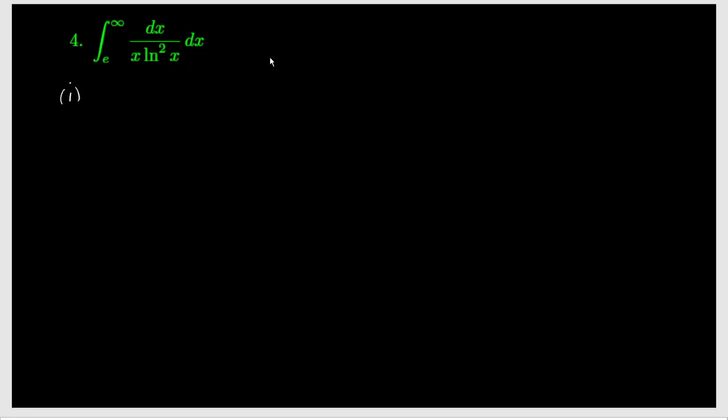So the first thing we do is to evaluate the integral from e to t. Still, you have to take t value a number greater than e. We evaluate the integral from e to t.